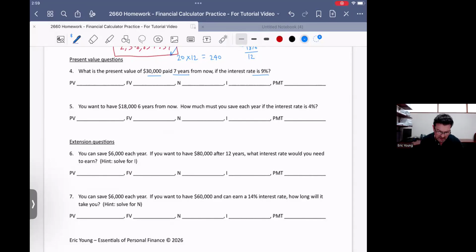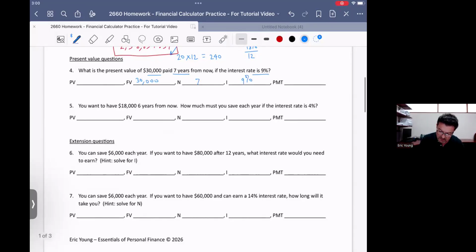So back to the scavenger hunt. We know the future value is 30. We know it's 7 years from now. The interest rate is 9%. This is a lump, not a PMT. So that's going to be 0. So we're solving for present value.